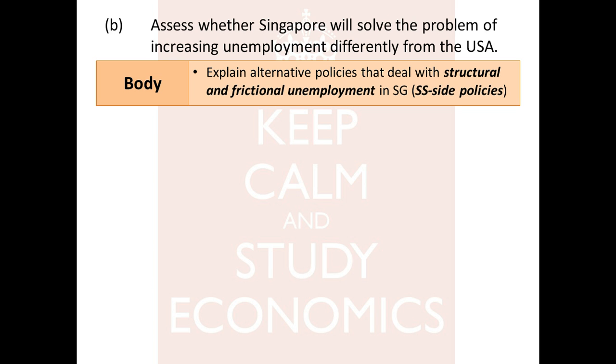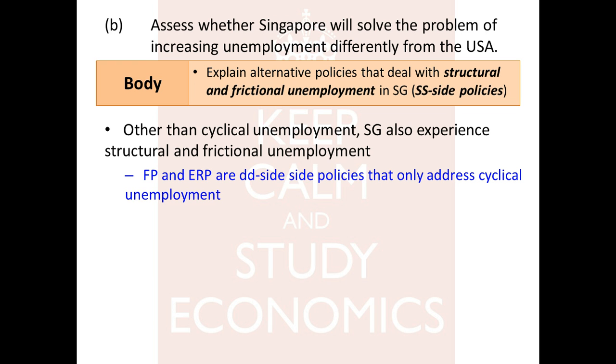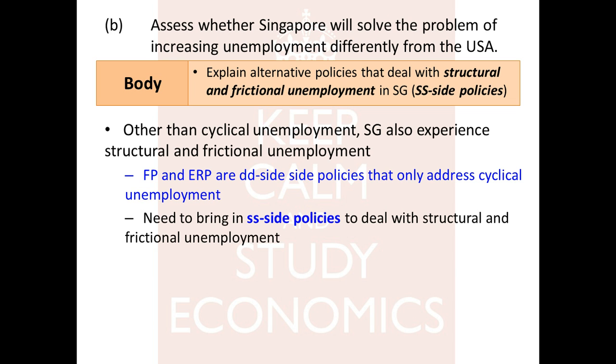So now we need to have other policies to deal with the structural and frictional unemployment. And these generally are the supply side policies. Okay, so I've mentioned this point. Like I said, fiscal policy and exchange rate policy are demand side policies that only address cyclical unemployment, and you need to bring in supply side policies to deal with structural and frictional unemployment.